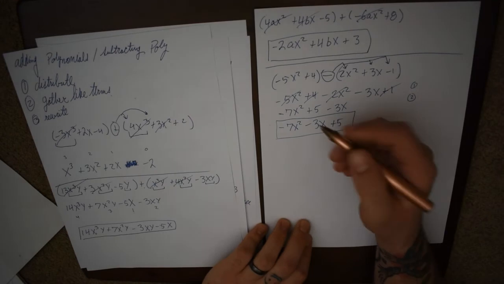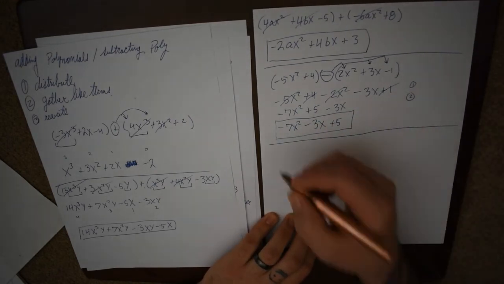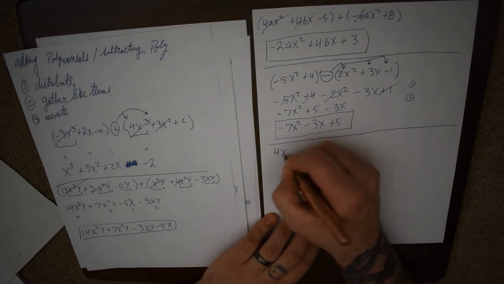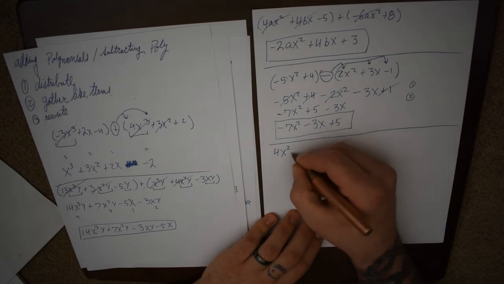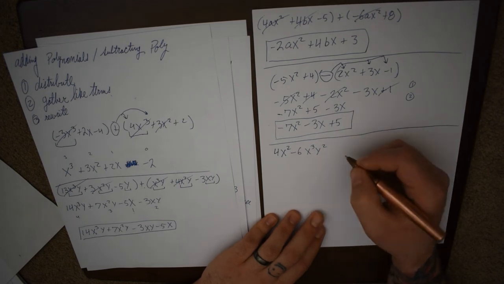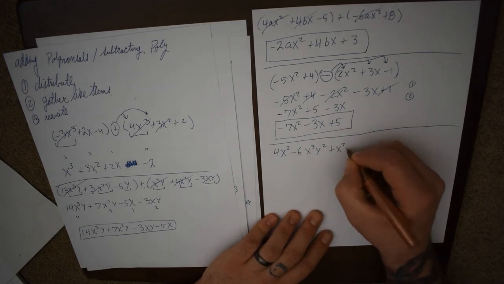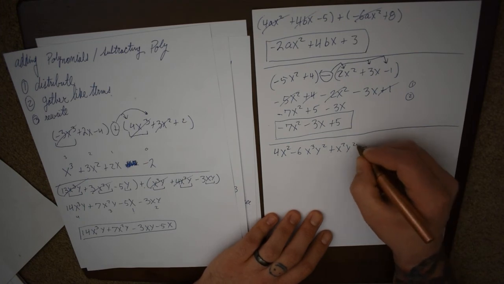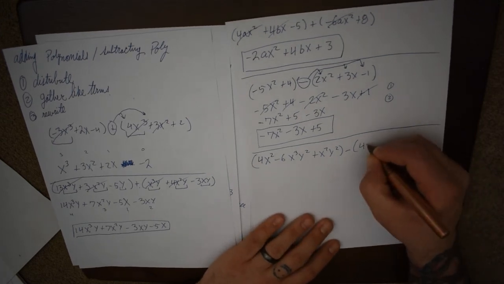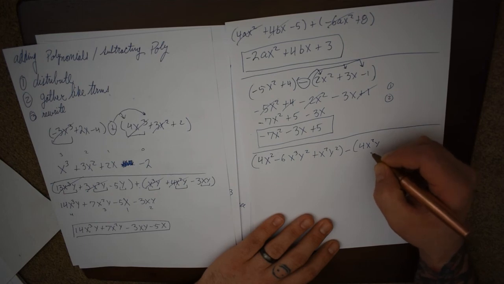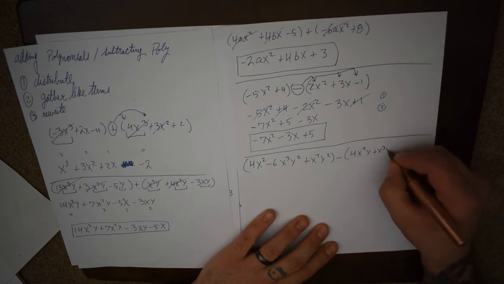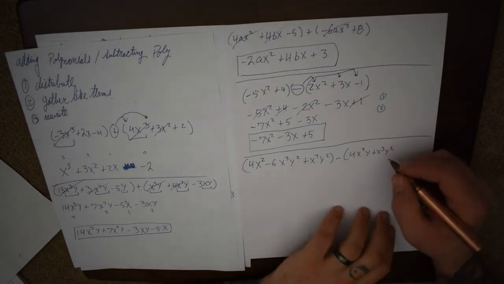Something bigger. Let's say we had 4x squared minus 6x cubed y squared plus x squared y squared, from which we wanted to take away 4x squared y plus x cubed y squared plus 3x squared y cubed.